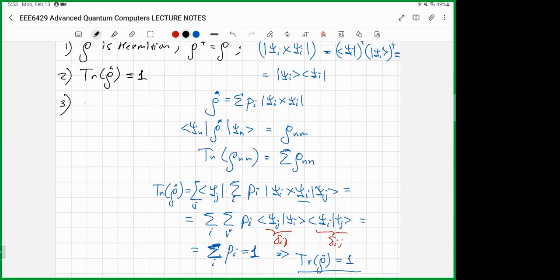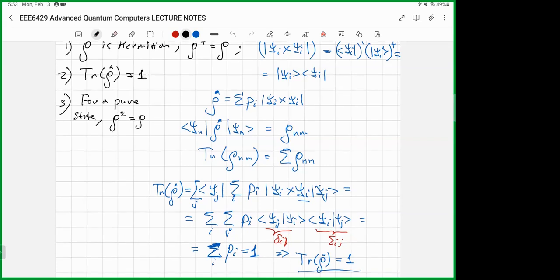So then next, there is another property that says that for a pure state we have rho squared equals rho.